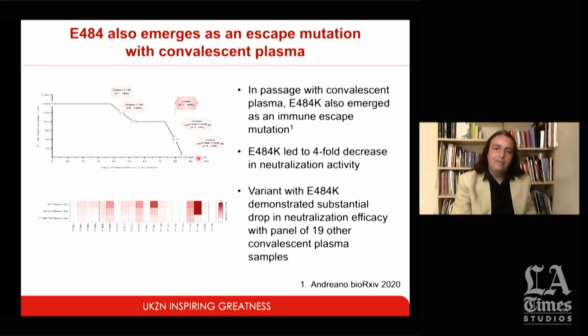So this E484K led to a 4-fold decrease in neutralizing activity, and this with 19 different convalescent plasma. So the virus at the bottom here, just to notice, is exactly the opposite. Light white means low neutralizing activity. And as you see, most of the antibodies do not seem to be working.